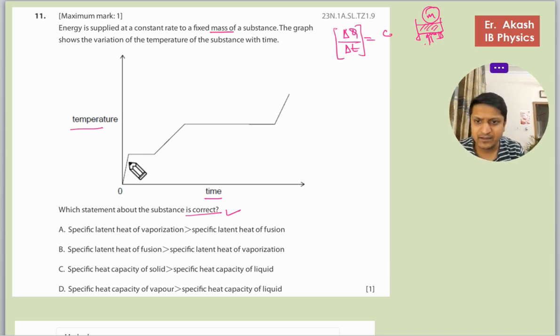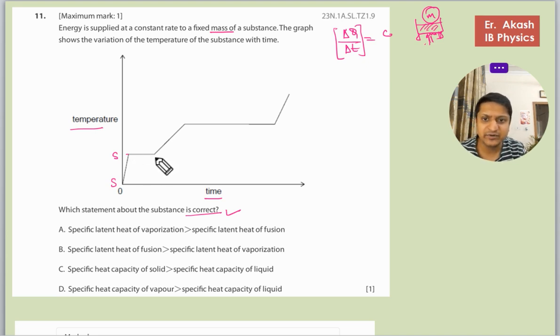So from solid, the temperature of the substance is increased in this much time, and then the substance temperature is not increasing, but we are continuously giving the heat.